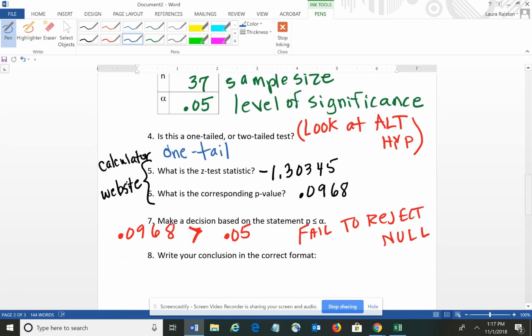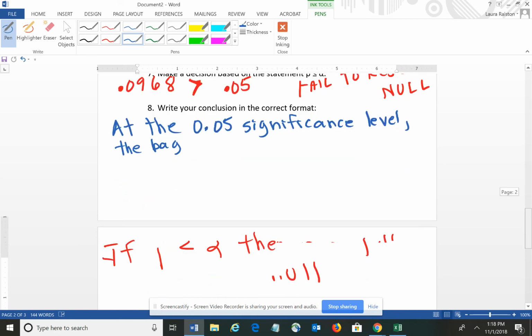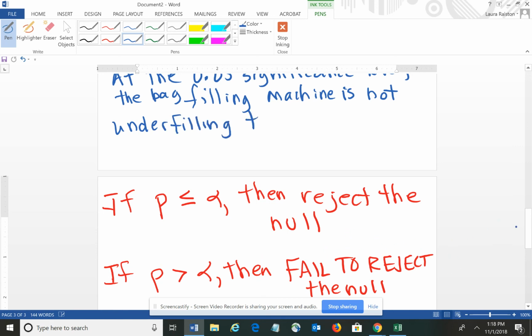So we would say at the 0.05 significance level, the bag filling machine is not underfilling the bags.